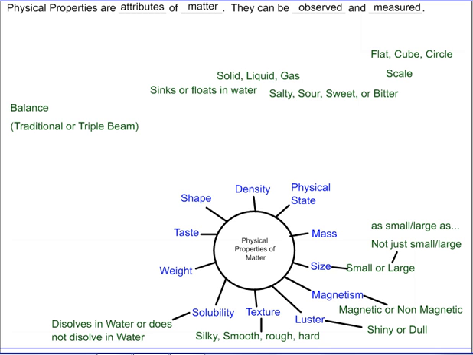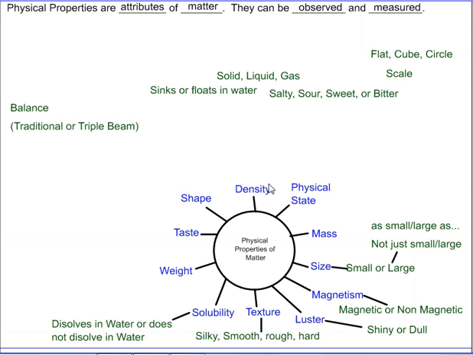The reason why we don't just use small or large is because what's small to somebody else may not be small to another person. So you need to make sure that you have a better descriptor than just small or large. So remember your word as small as or as large as.